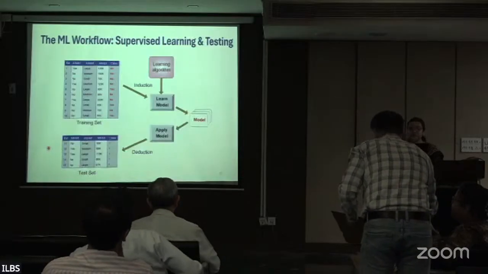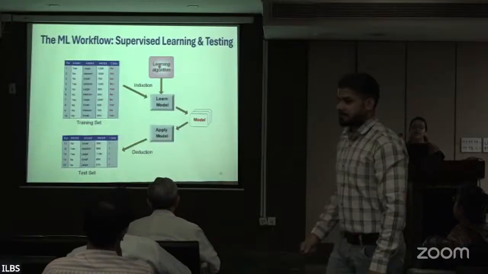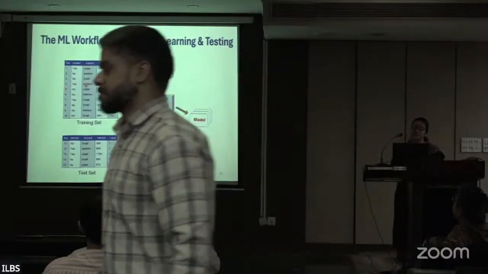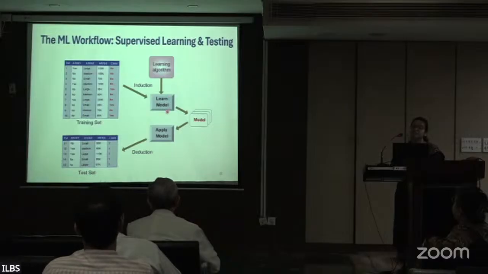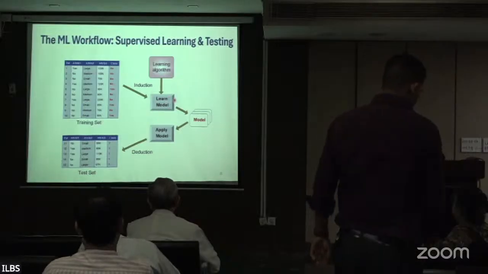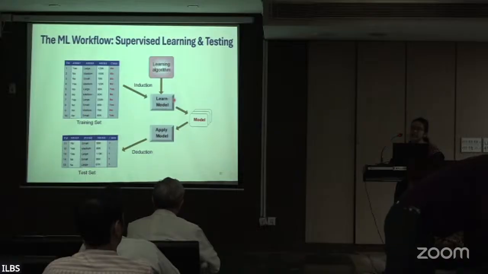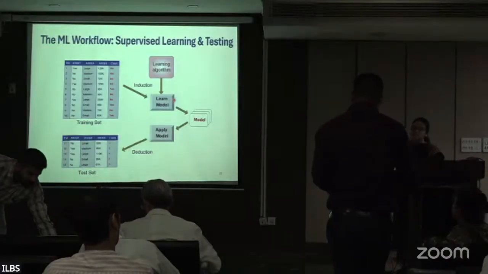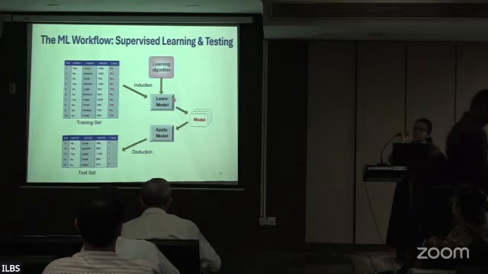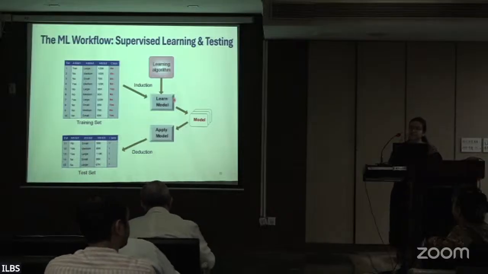So the whole idea is first giving the data set for learning the internal pattern and learning the coefficients or learning the topmost parameter in the decision tree.